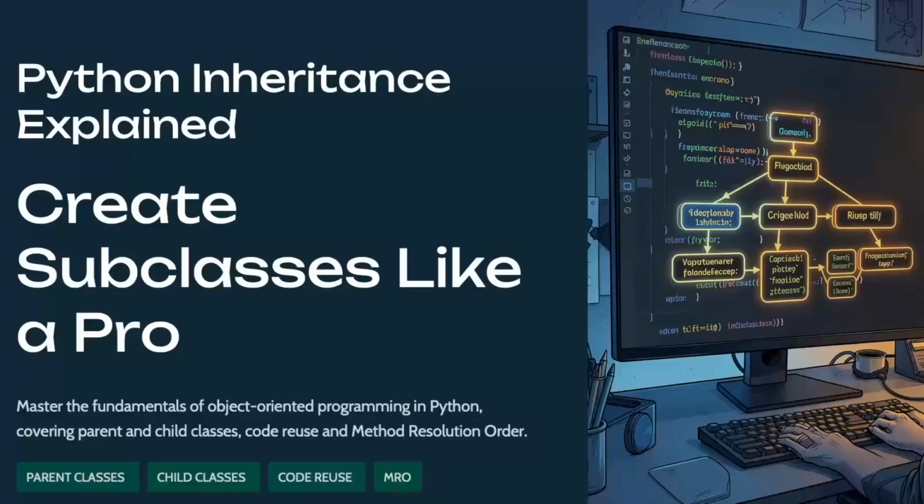In the previous video, we learned about encapsulation, different types of attributes, getters, setters, and how to protect an object's internal data. Today, we will be moving into another fundamental pillar of object-oriented programming called inheritance. Inheritance allows us to create new classes based on existing classes. Instead of writing the same code over and over again, we can build on top of classes we've already created.